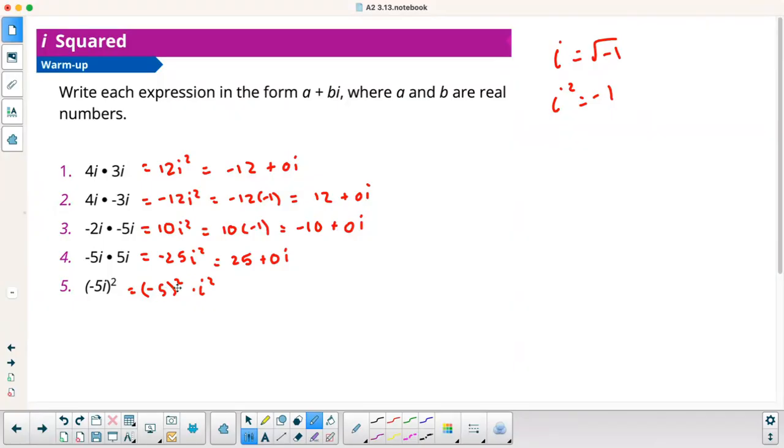A lot of people screw up that negative sign, but it's going to be a positive 25 because -5 times -5 is positive. And then i squared is -1, so I get -25. Then I put my 0i, right? Because it says a plus bi.